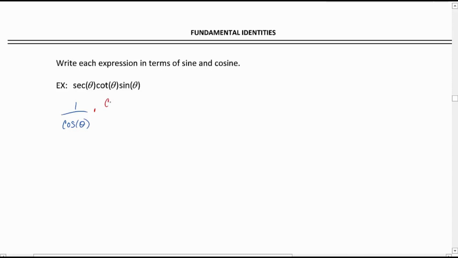Cotangent is cosine of theta over sine of theta. And then we have times sine of theta. I'm just going to put that over 1 so everybody's a fraction. And now we want to simplify as best we can. Oh, notice that cosines cancel out and sines cancel out. We're actually left with just 1.